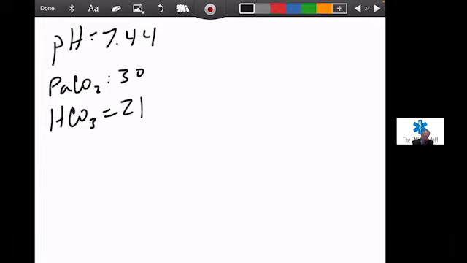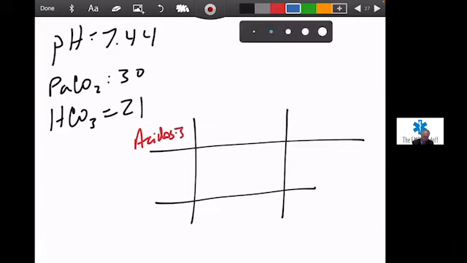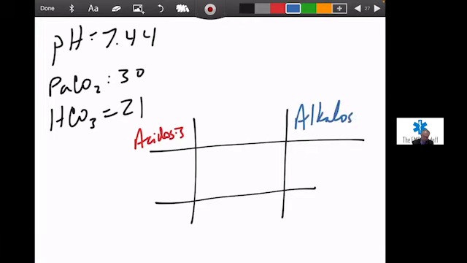Make your tic-tac-toe grid, and draw your stuff in.